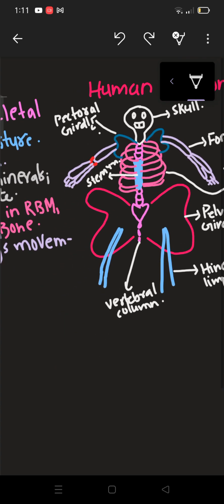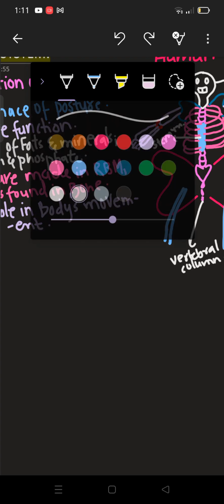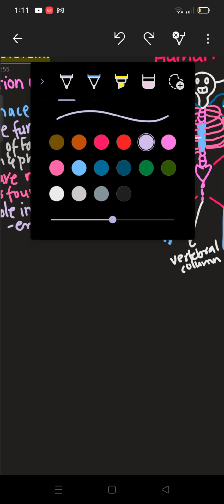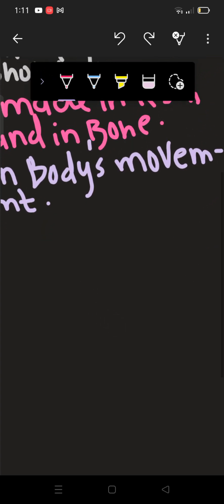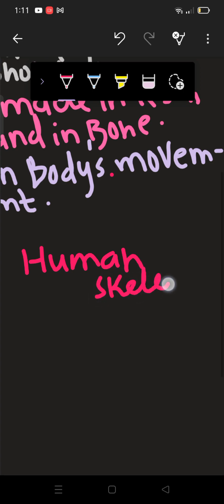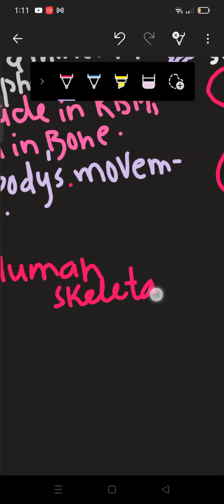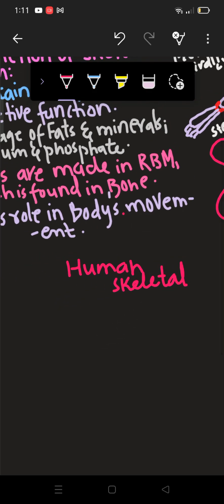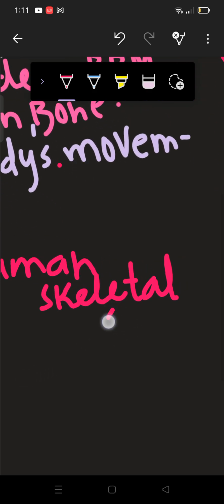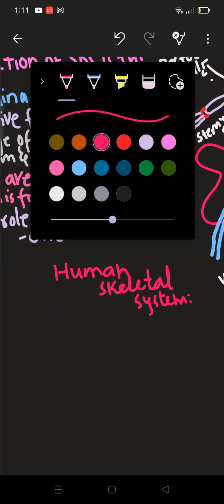Initially I am going to write here the human skeletal system. Now it is divided into two parts.